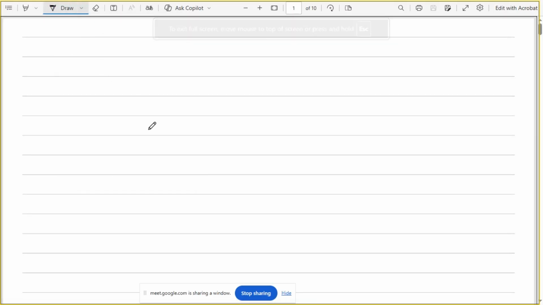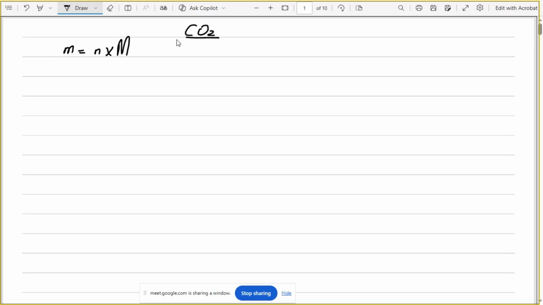The formula for mass is the number of moles multiplied by the molar mass. We are looking for the mass of CO2, so first I can calculate the molar mass of CO2 using the periodic table.